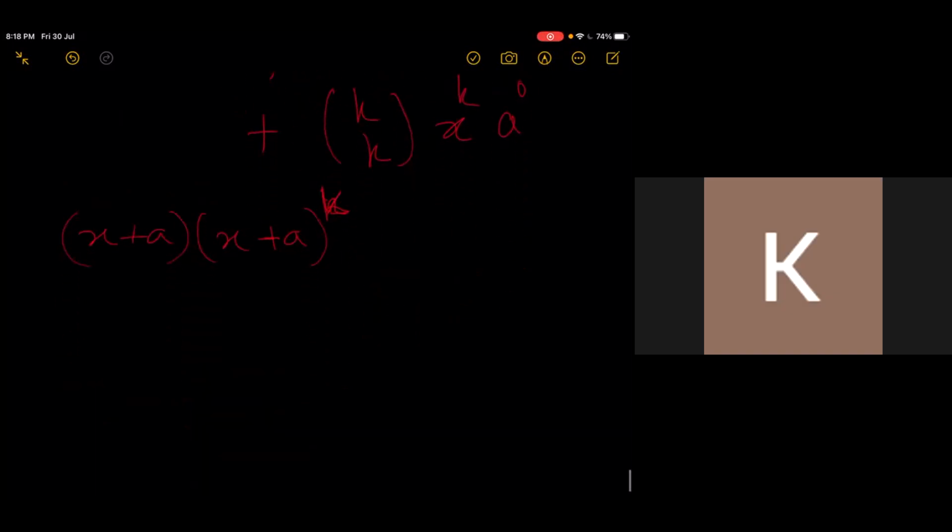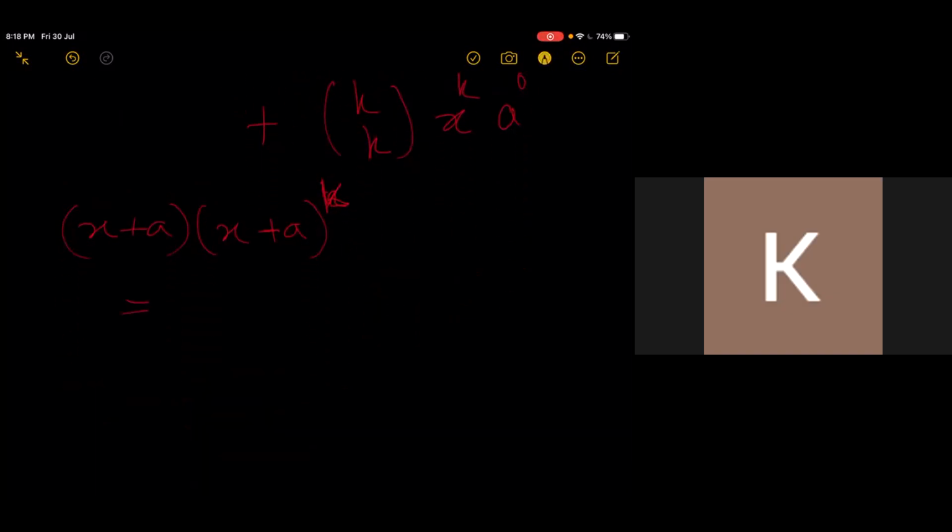Okay, I'm continuing. Using the distributive property, you can write this as x into (x plus a) to the power k plus a into (x plus a) to the power k. You can write this now. Yes, sir.